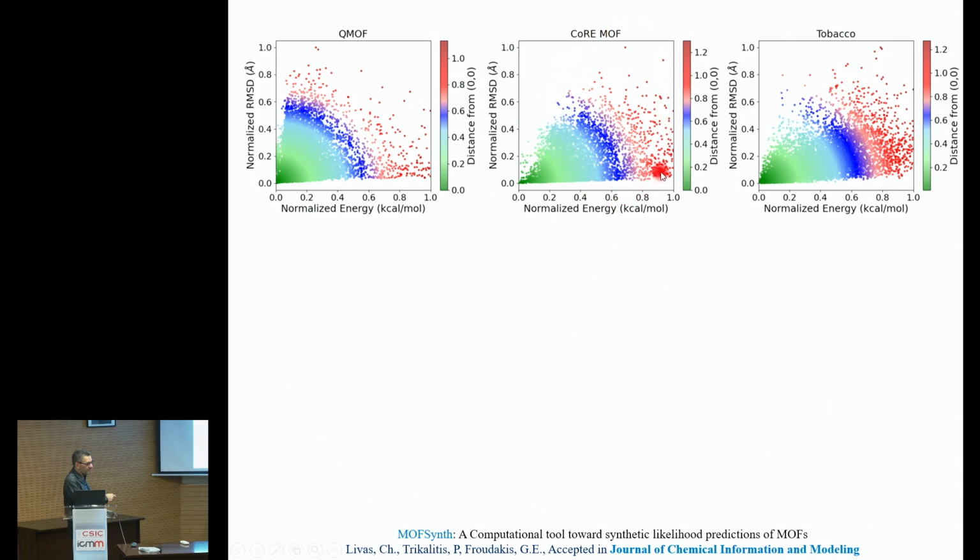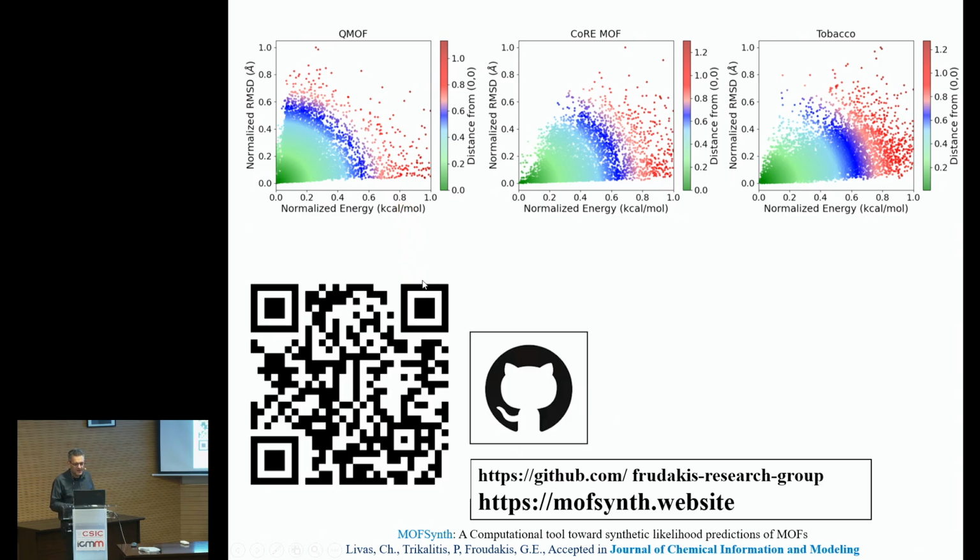The CoRE MOF, that's an experimental database, is a better picture, more toward the green. And QMOF, which are structures optimized with quantum chemistry methods, most of them are in the region that can be synthesized. And this paper was just published in the Journal of Chemical Information and Modeling, and the code is available.